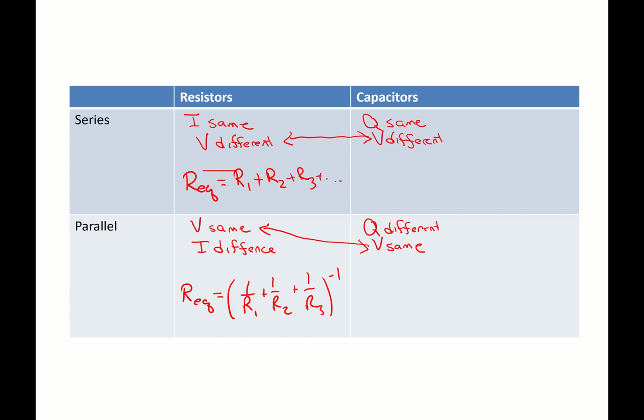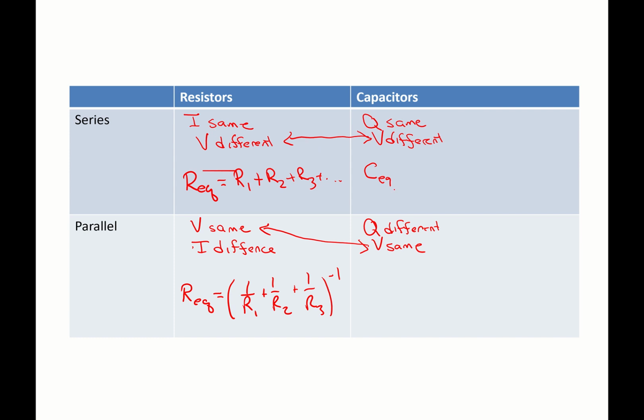So if you can remember what happens with the voltages, then you know what happens with the current or the charge. When the voltage is the same, the current is different or the charge is different. When the voltages are different, the charge is the same or the current is the same. Okay, so last thing is, how do we add up capacitances?